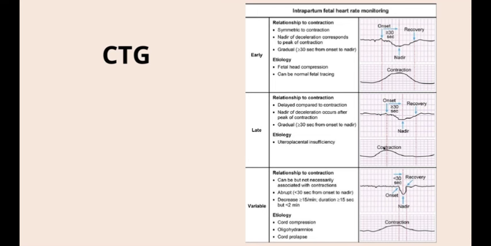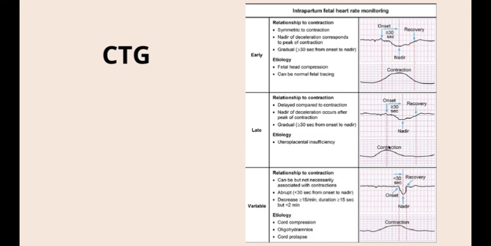The next is late decelerations. As you can see, a contraction has occurred here, and these start after the contraction has begun. So the nadir is quite late after the contraction. They also take 30 seconds or more to reach the lowest point. Late decelerations can indicate a number of issues like utero-placental insufficiency, and that basically means that the placenta isn't getting enough oxygen to the fetus or the baby.